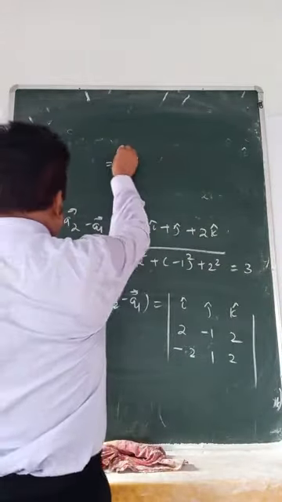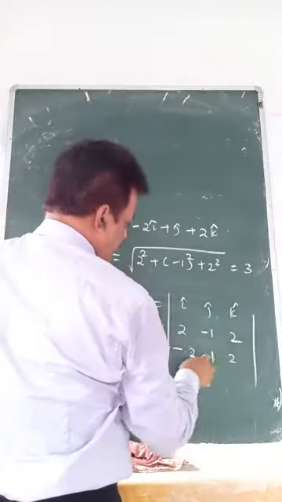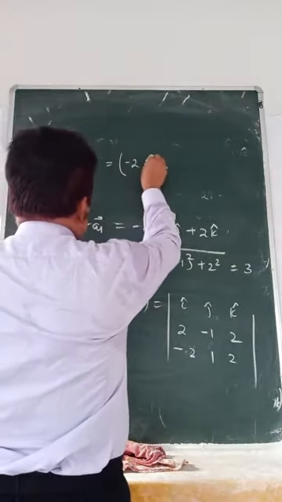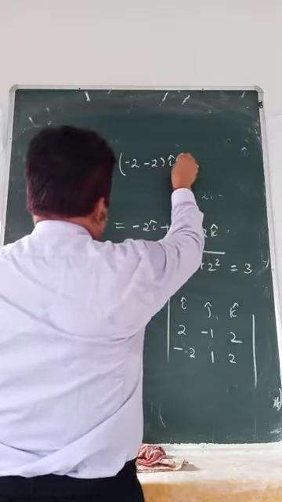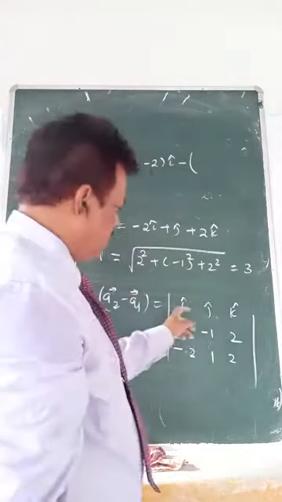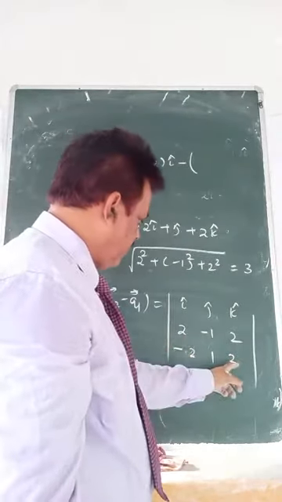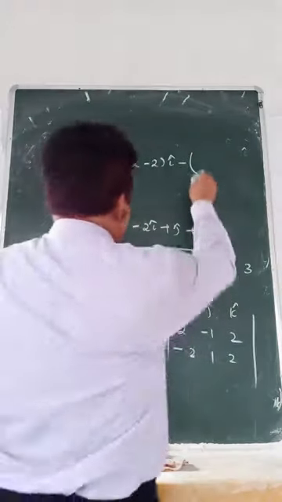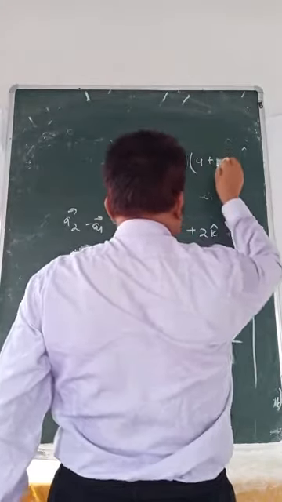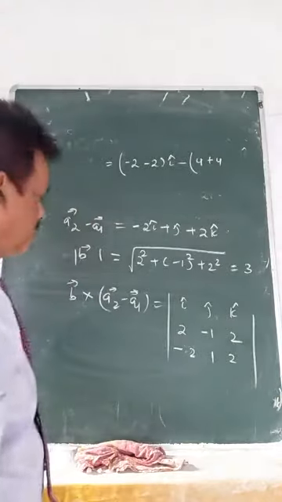That will be i times (-2 - 2), minus j, the j line you forget, times (4 + 4). Okay.